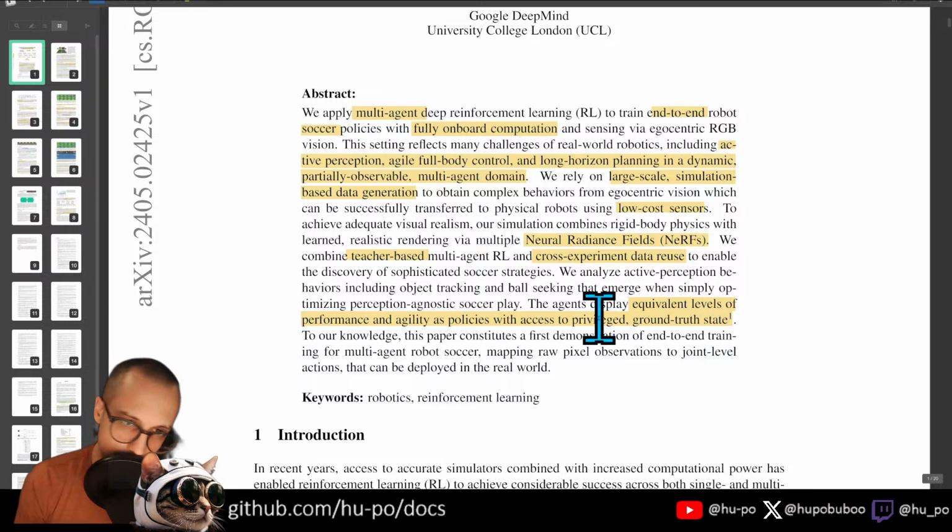So they're going to be comparing to using explicit state, and we're going to get into what that is, but explicit state is pretty much what everybody uses, and it's way easier to do than vision, which is partially observable, much harder, and much higher dimensional. To our knowledge, this paper constitutes a first demonstration of end-to-end training for multi-agent robot soccer, mapping raw pixel observations to joint-level actions that can be deployed in the real world.